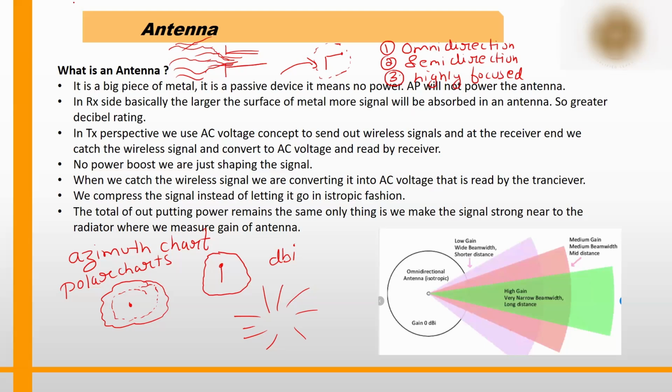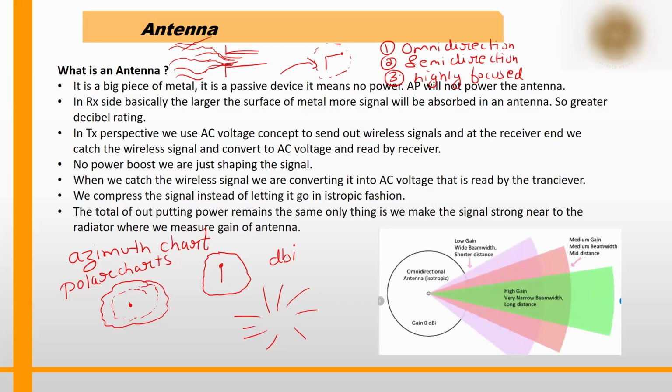Whatever power was supposed to radiate in all 360-degree directions, you are focusing at a particular space. The antennas are not ideal like this; the antenna radiation has some pattern. When you are purchasing antennas, you should be aware of those patterns, and depending on those patterns you have to purchase the antenna.